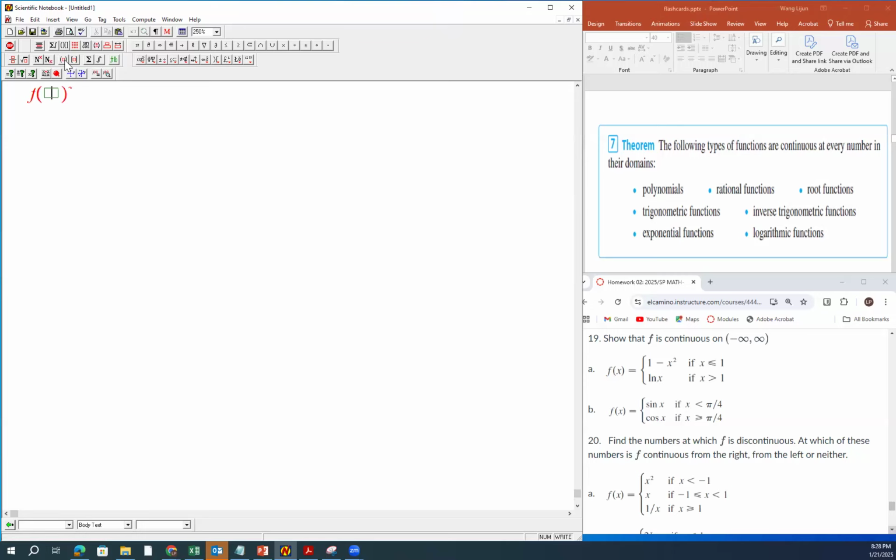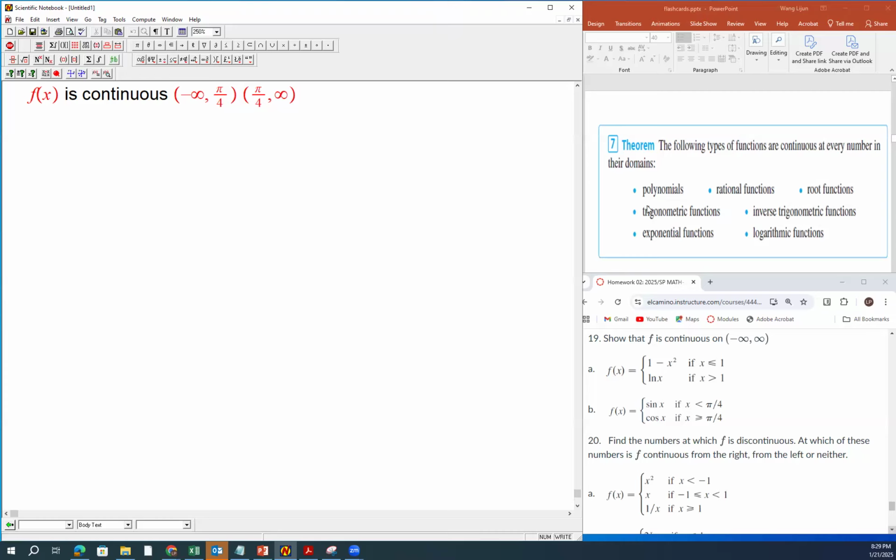So f of x is continuous from negative infinity to pi over 4, and on the other interval, from pi over 4 to positive infinity. How do we know that?